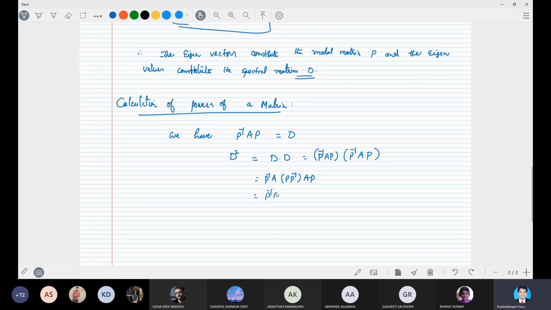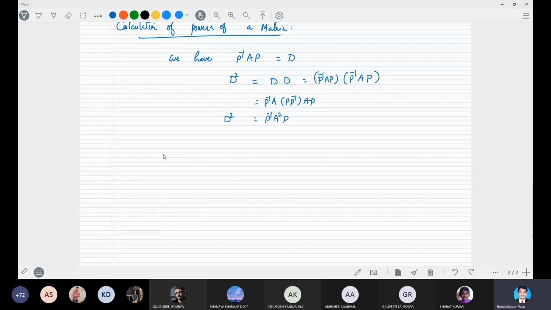That is P inverse A square P. So what we have drawn is D square is equal to P inverse A square P. Similarly, in the same way, D cube is equal to P inverse A cube P. In general, we can write D power n is equal to P inverse A power n into P, right?